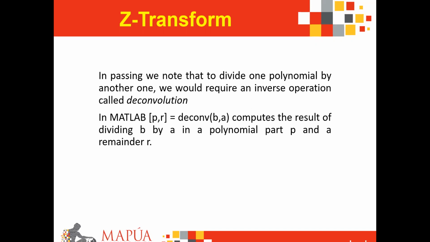So in MATLAB, you could also perform that. The command there is deconv. Write down the value of B, the result of our convolution, and then divide that by your polynomial A. If there is a remainder, it will show you a polynomial part and a remainder part, if it is not exact.